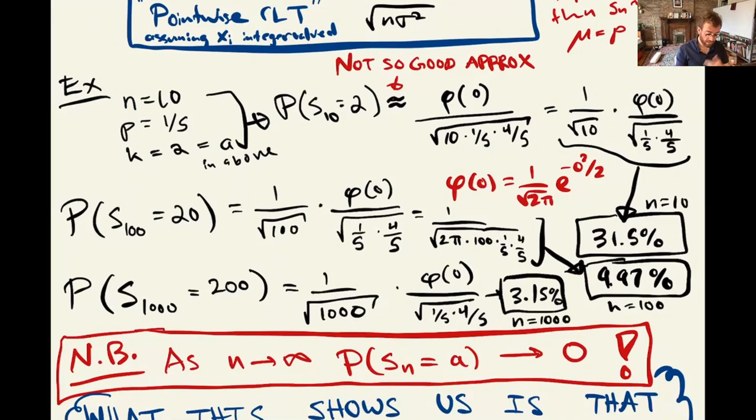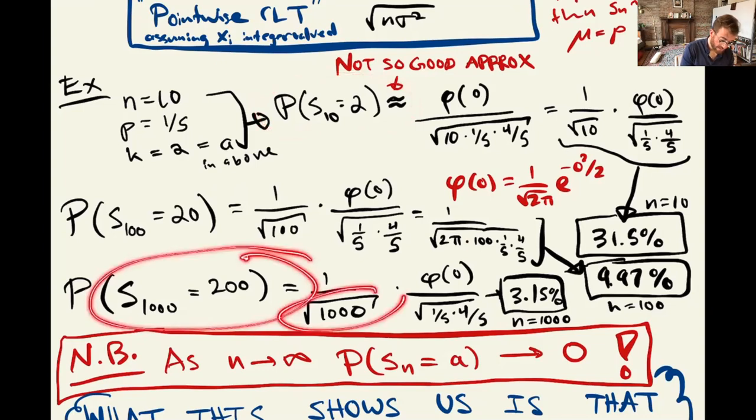Now, if you look carefully, what's the ratio of each of these values? You'll see that it's decreasing by a ratio of something like the square root of 100 divided by the square root of 10, which is the square root of 10, which ends up being about 3. And then I could do the same thing. Now what's the ratio between the probability of 2 successes out of 10 versus 200 successes out of 1,000?